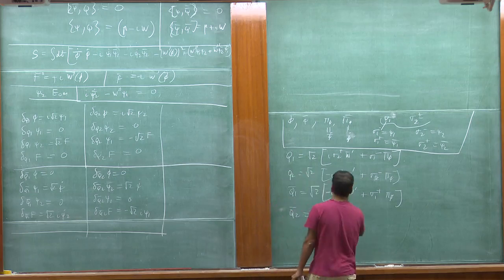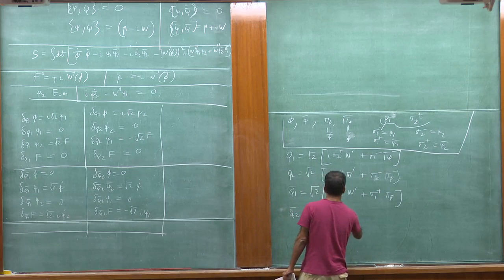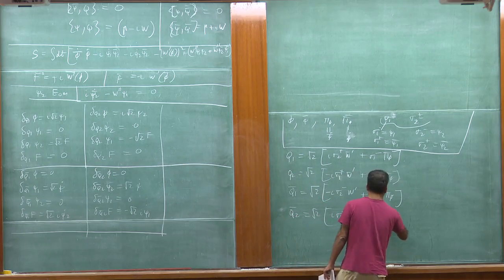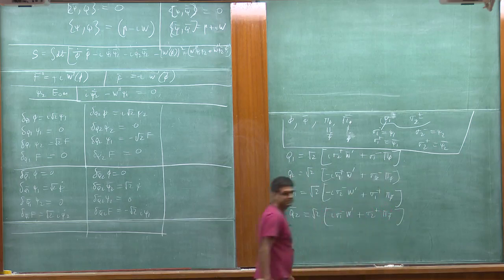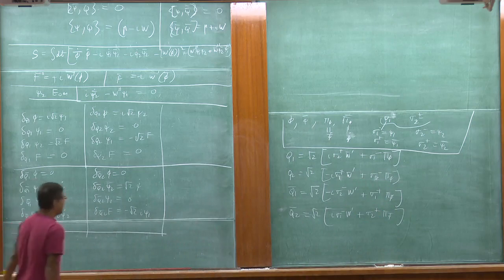Now Hermitian conjugate of this. So I sigma 1 minus W prime plus sigma 2 plus pi phi bar. This is my claim, and I'm now going to try to check it.